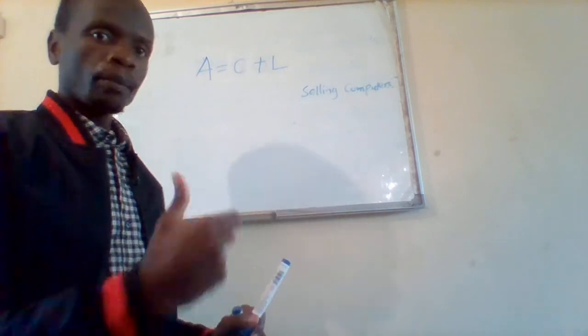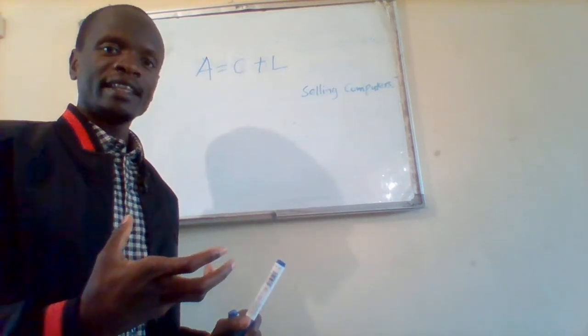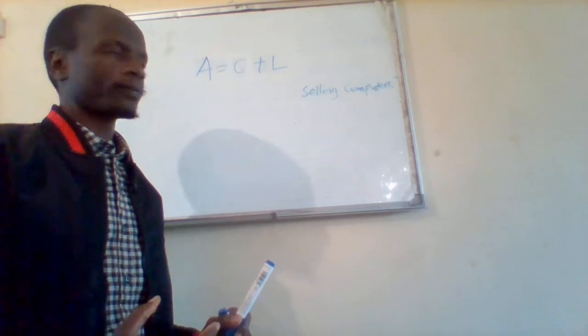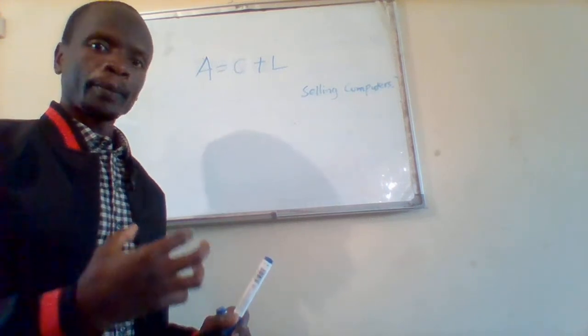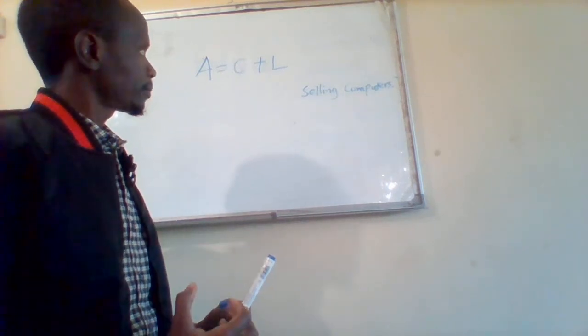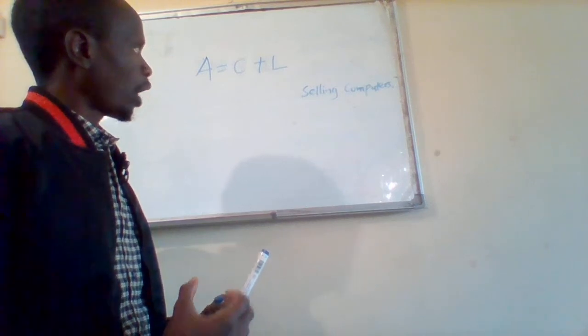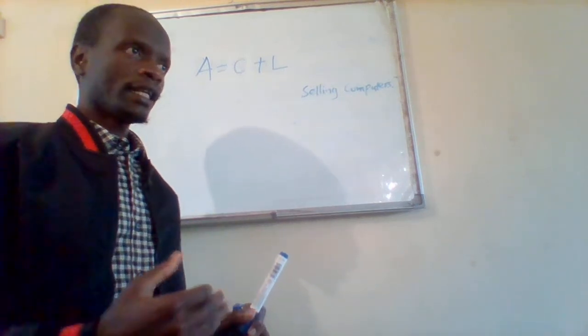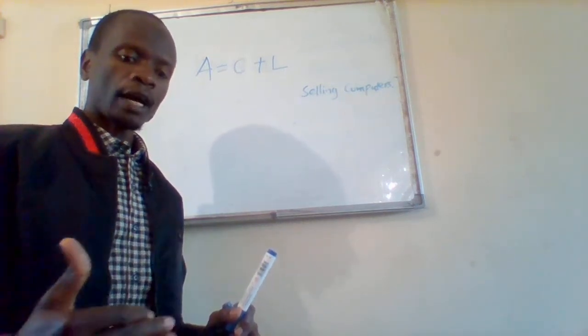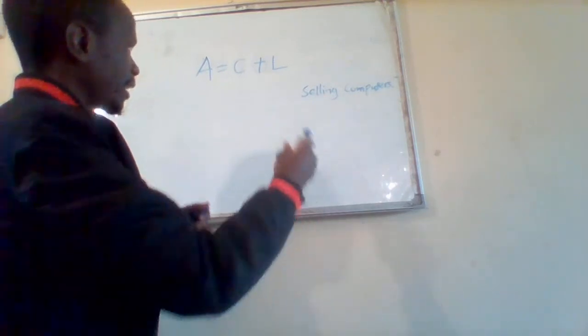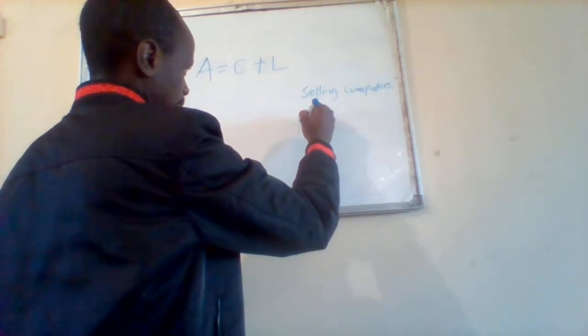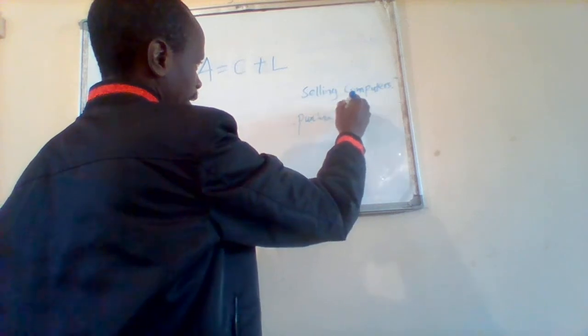So stuff that are bought for immediate sale, these are not assets. These are purchase expenses. So for a business that is selling computers, when they buy a computer to sell, that is a purchase expense.